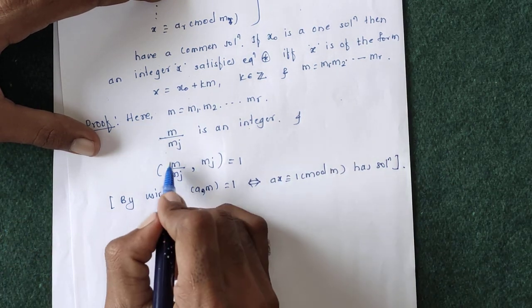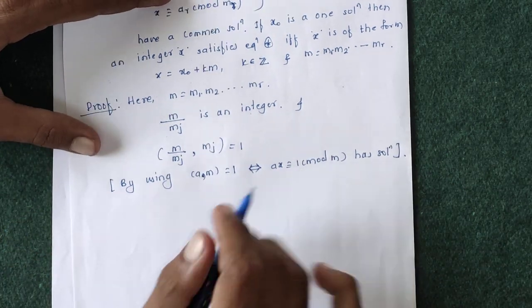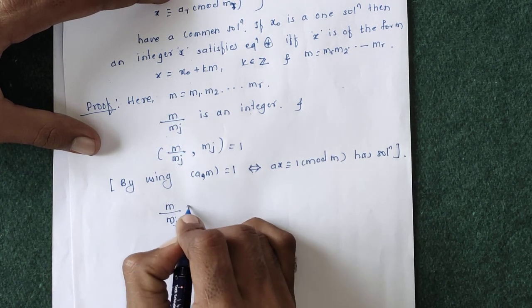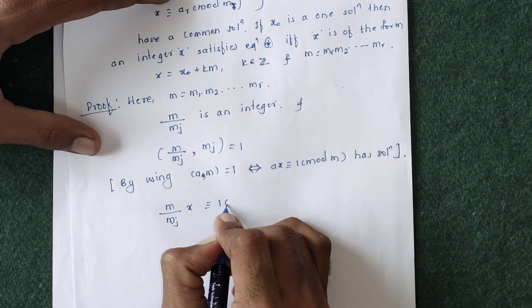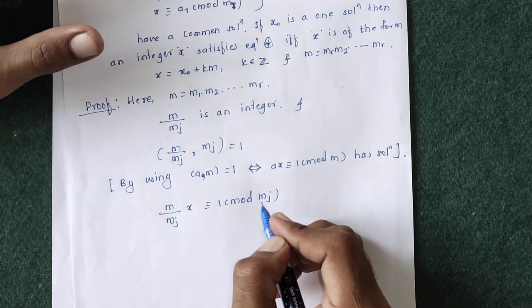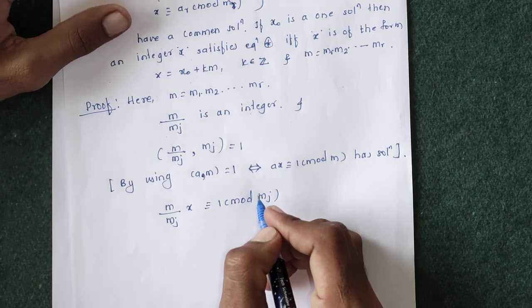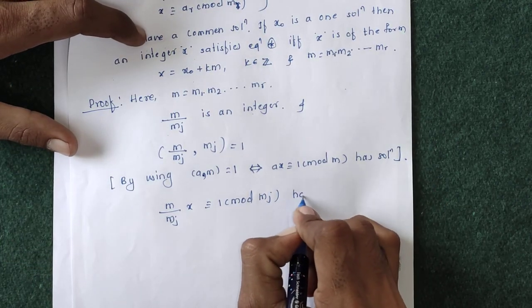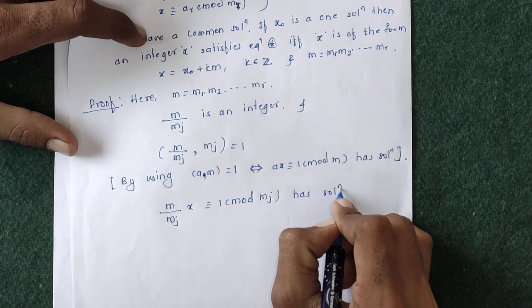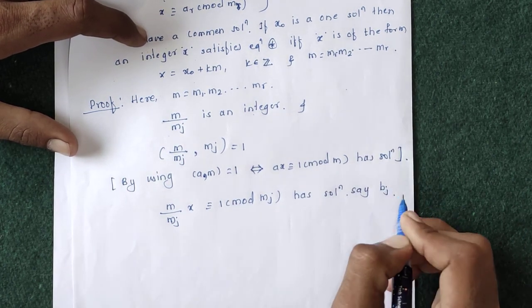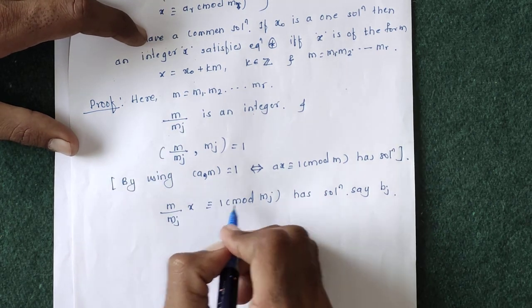Here a is equal to m by mj and m is equal to mj, so we can write that m by mj into x is congruent to 1 modulo mj has a solution. Suppose that solution is some bj.